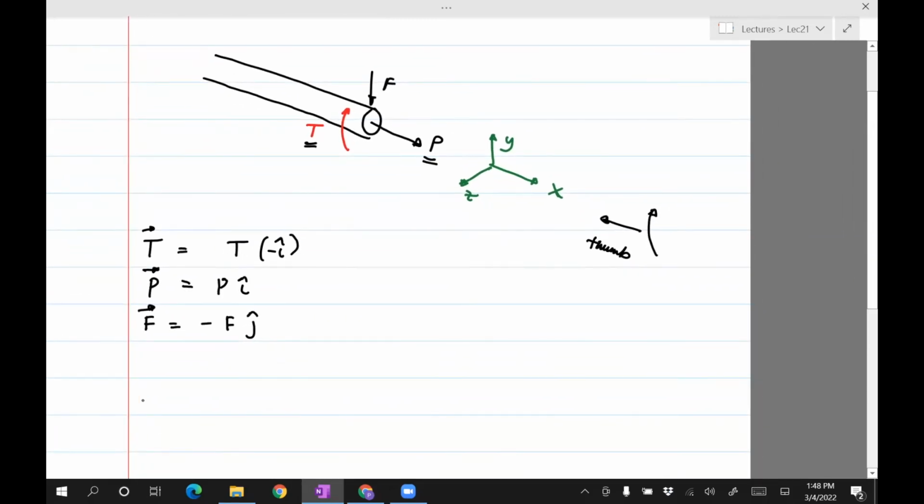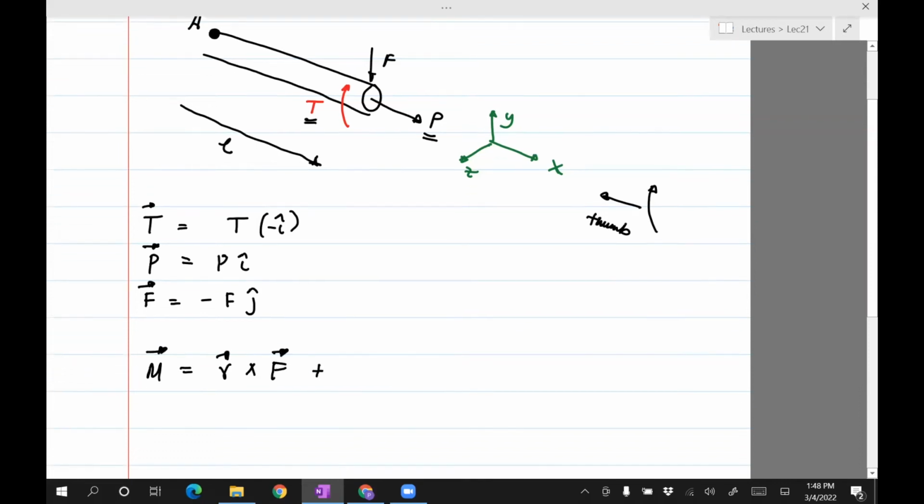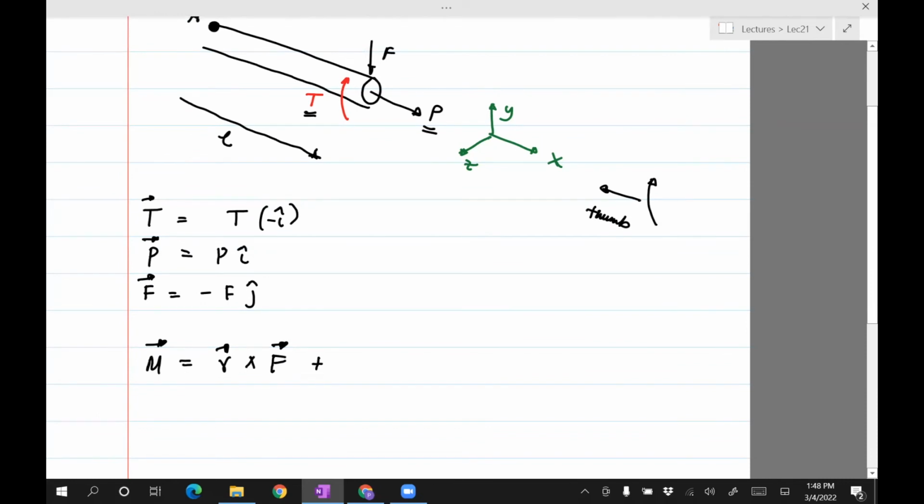Now we need to compute the moment at this point A. So let's take this to be L. I'm just going to call that M. The vector is R cross the net force, plus, now remember here, besides the force there's also a torque.